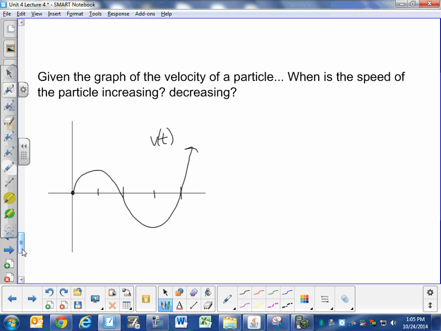I'm asking you, when is the speed of that particle increasing? Draw a number line if you need to.